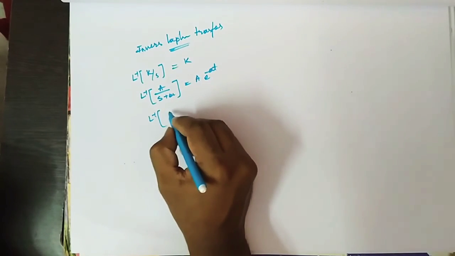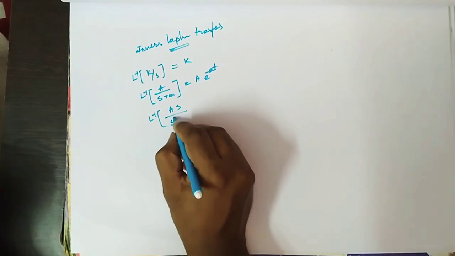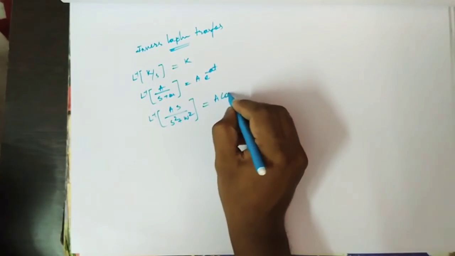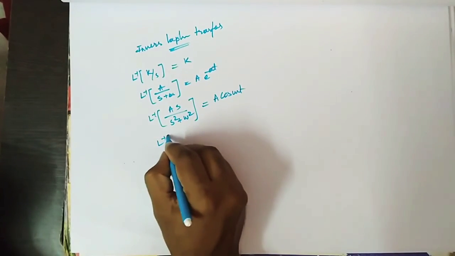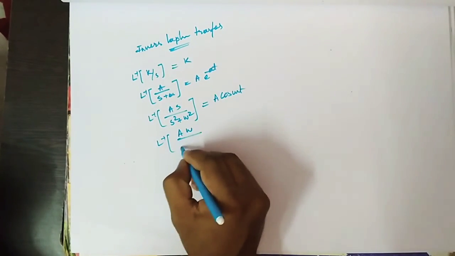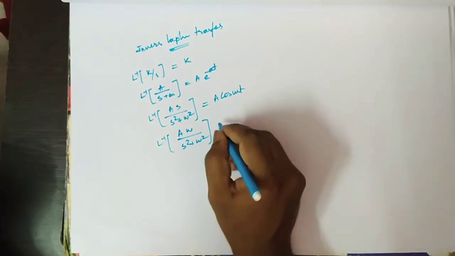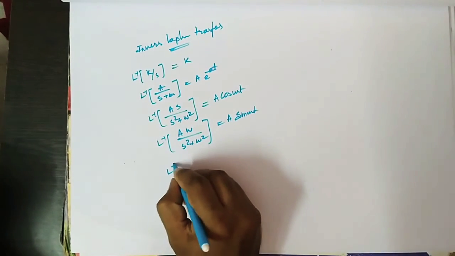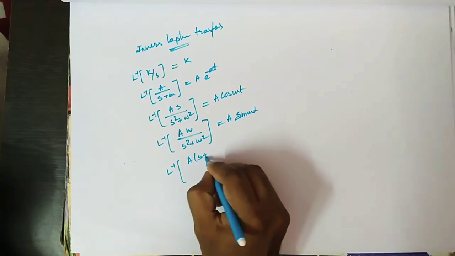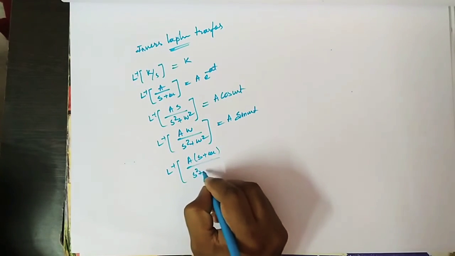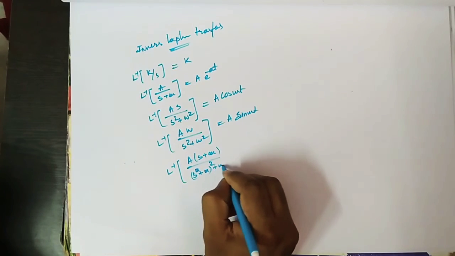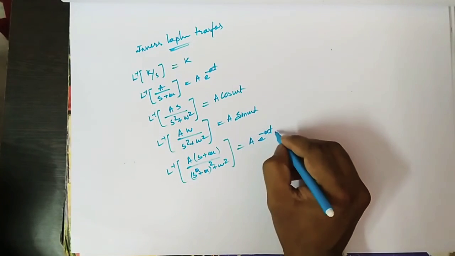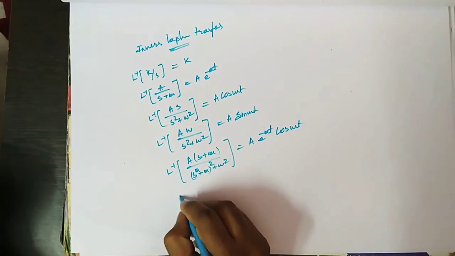Then inverse Laplace of a s by (s square plus omega square) is a into cos omega t. Inverse Laplace of a into omega by (s square plus omega square) is a into sin omega t. Again inverse Laplace of a into (s plus a) by ((s plus a) whole square plus omega square) is a into e power minus a t cos omega t.